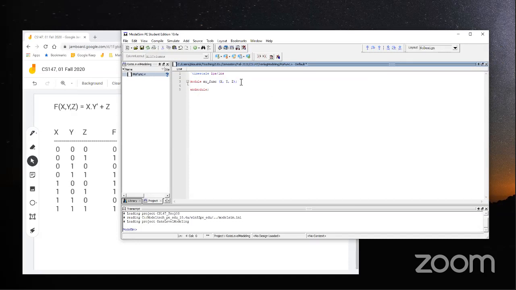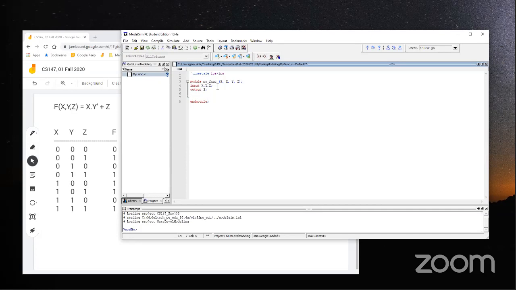It may have syntax errors and everything; I don't code in Verilog every day, so we'll figure it out. Input x, y, z. Let's make a function output f. Okay, function output f.